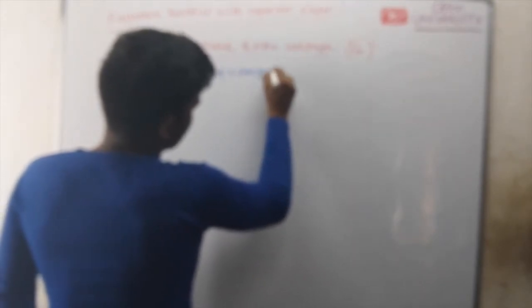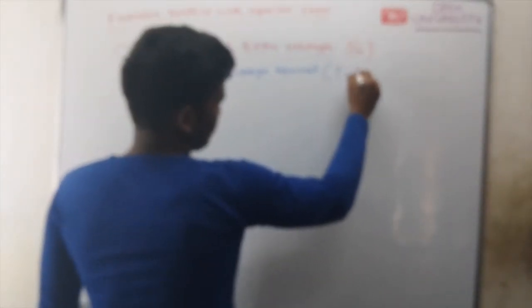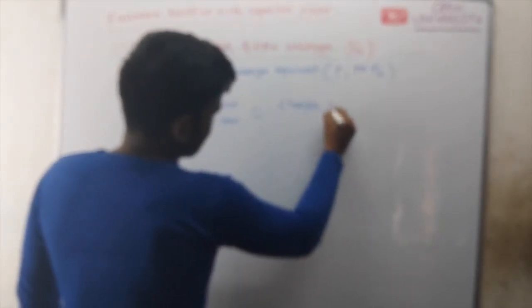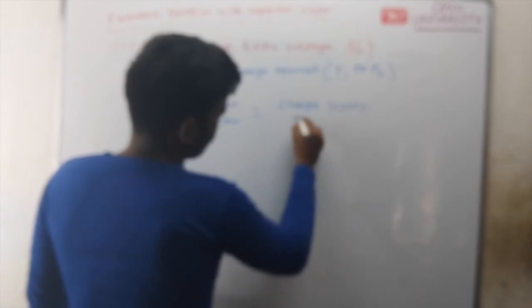So you can write, during the discharge interval, which means from T1 to T2 the capacitor discharges, during this interval the charge lost by the capacitor equals the charge supplied to RL.